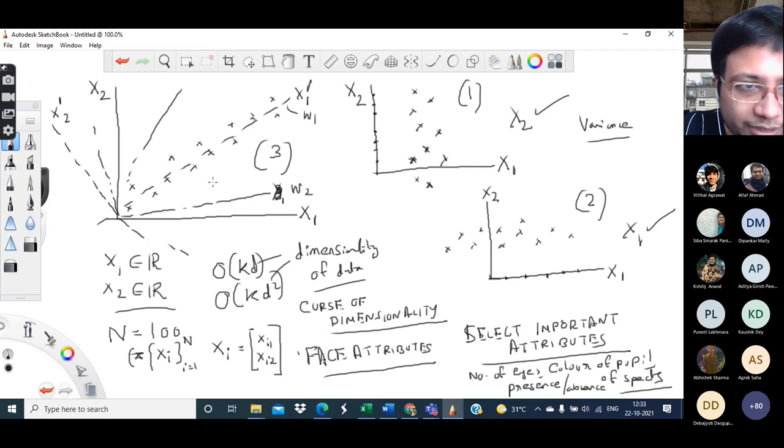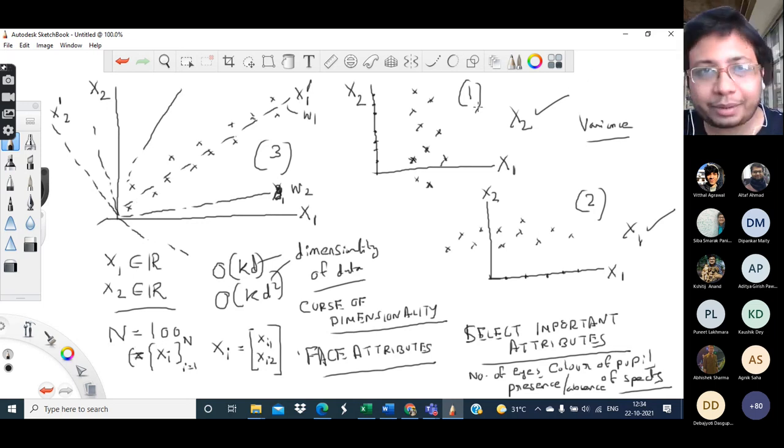Similarly, if we project all my observations along W2, we will get some variance, but it seems like if we project the data along W1, we will get a much higher variance, right? So two things I have. Whenever I am trying to reduce the dimensionality by projecting the data on a different space, or rather by taking a change of basis, I am interested in doing two things.